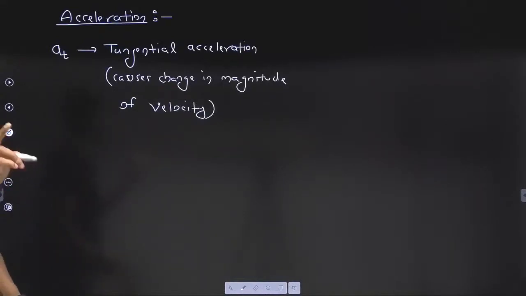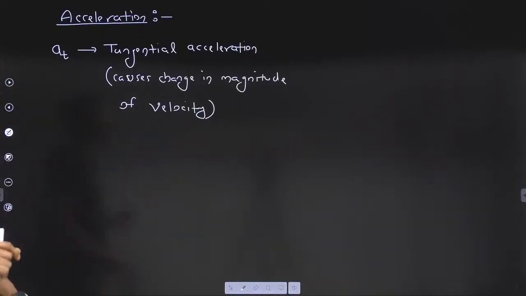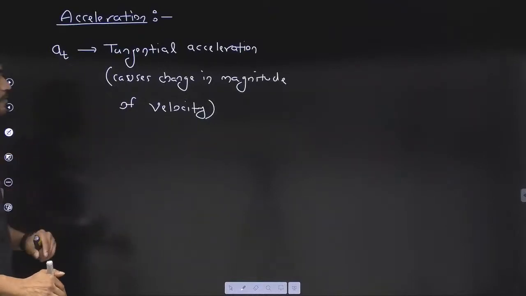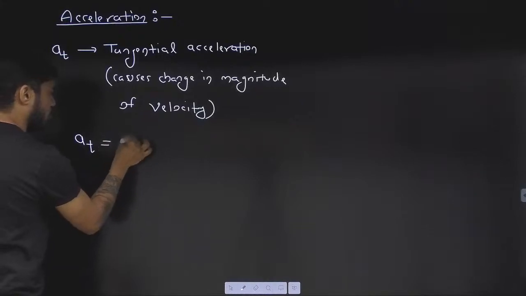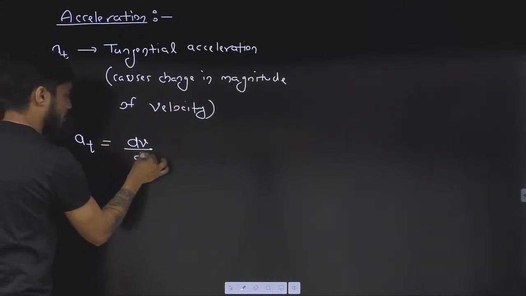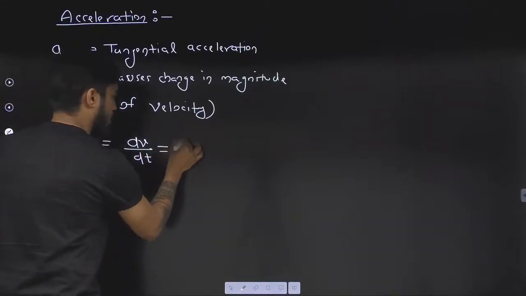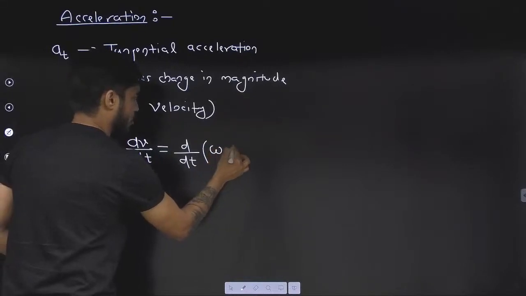Okay, velocity is changing in magnitude and direction. So from UA to VA, the magnitude is changing. So beta, this is the cause of that change. And how will we calculate it? dV by dt. With respect to time, the magnitude of velocity is changing. Now beta, can I write it as d by dt of omega into r?